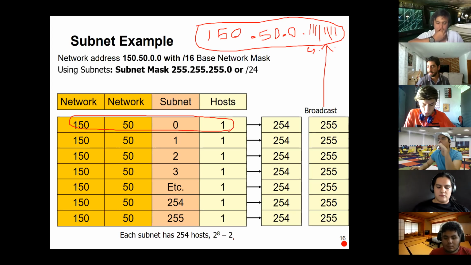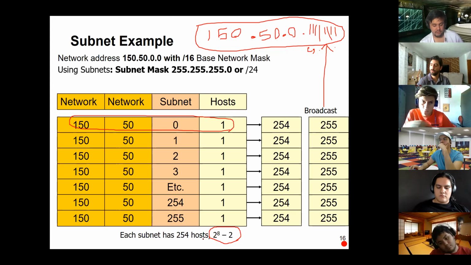So the number of hosts that you get: you have 8 bits for your host to use. So the number of hosts is 2 to the power of 8 minus 2, because you cannot use all 1s and you cannot use all 0s.